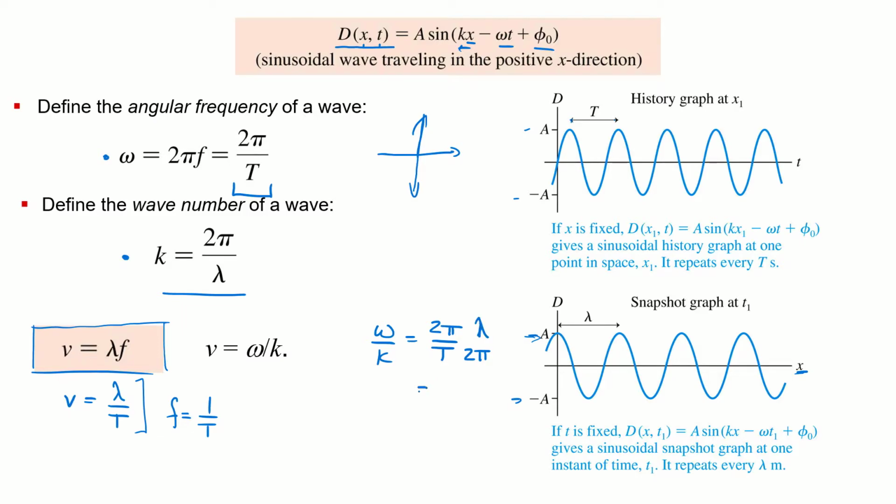So this ends up being lambda over T, which is our wave speed. So we can write it in terms of angular frequency and wave number, or in terms of wavelength and frequency. And this is essentially how we built up our wave model in the last video.